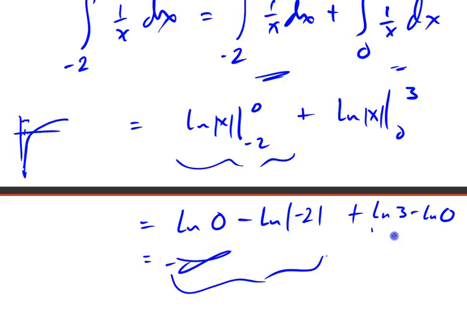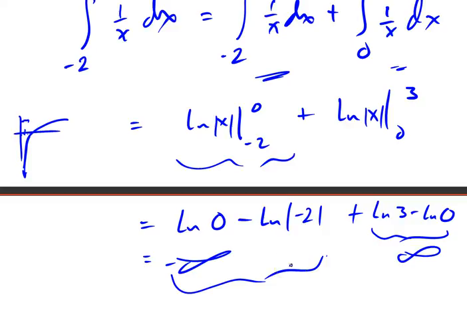Now granted, this is also a plus infinity, because you've got a minus natural log of 0, so you've got the minus minus infinity. So again, you might say, hey, that minus infinity and that plus infinity cancel out, and you should just be left with something, maybe 0, I don't know.